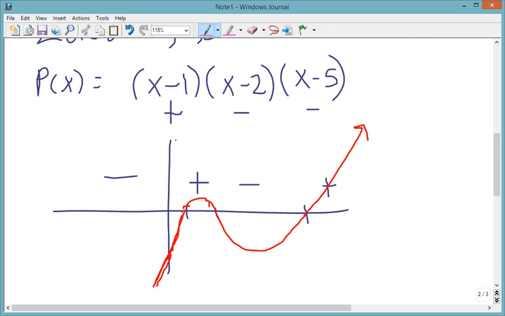Here's one of the things I want you to notice. If I multiplied this all out, it would be a third degree polynomial, right? The very first term would be x cubed.